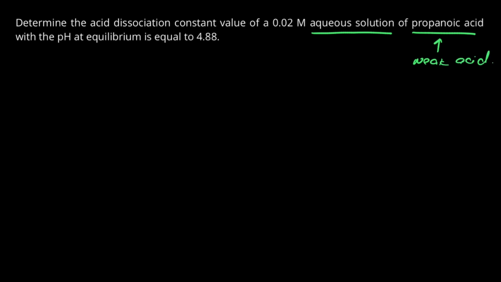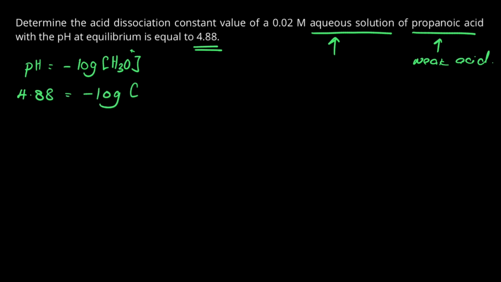So in terms of a weak acid in aqueous solution, it means that your pH shall not be equivalent to negative log H+, but instead it should be equivalent to negative log H3O+, the hydroxonium, because of the aqueous solution. Therefore, in this question, the pH is 4.88, so it is equal to negative log H3O+.